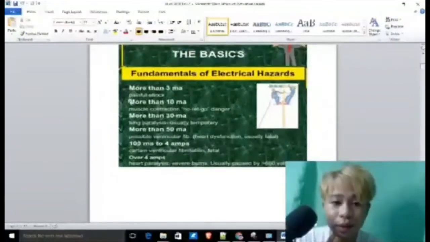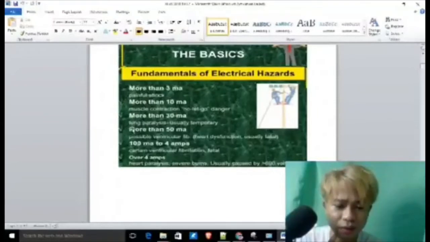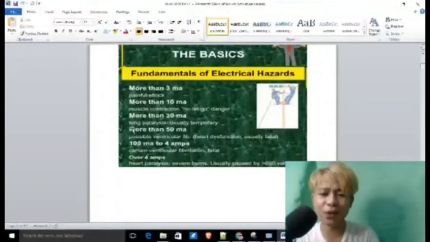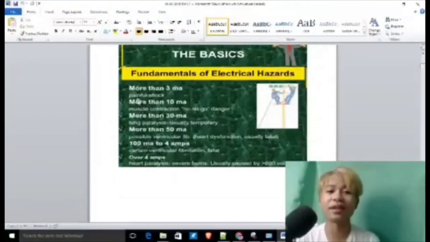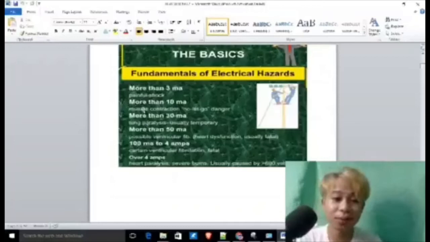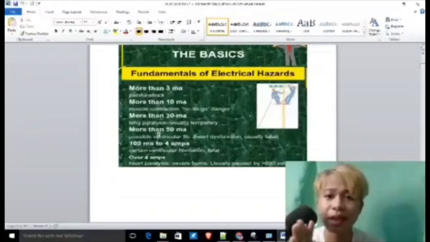So here there is a lot of impact when you are exposed to electricity. Here there is more than 3 milliampere for a full shock, just like that. So it is important to be careful when we're doing activities related to computer electronics, not only for our own good but for others also.